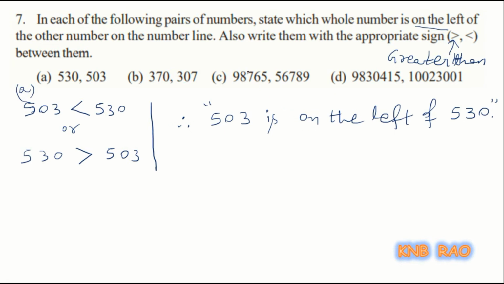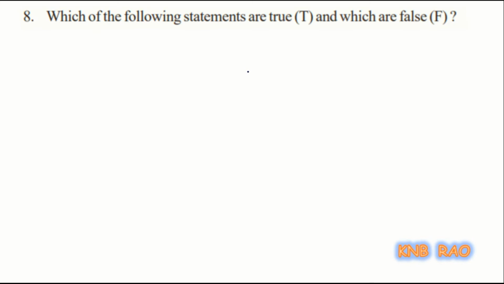Coming to question number 8. In question number 8, we are given some statements and we need to state whether those statements are true or false. Read the statements properly. Decide wisely whether that statement is true or false.